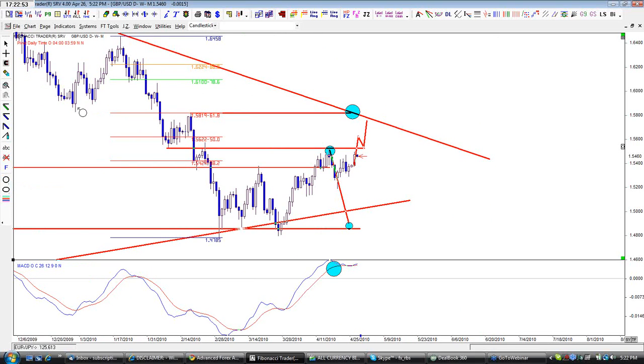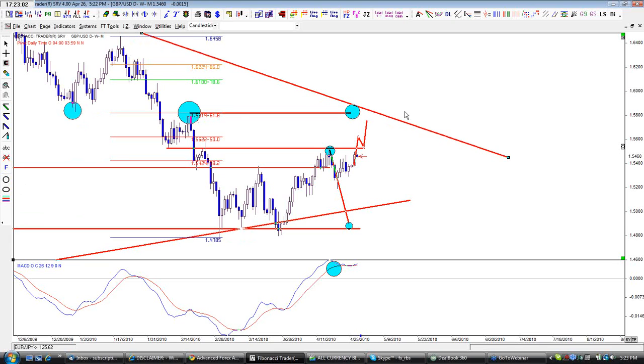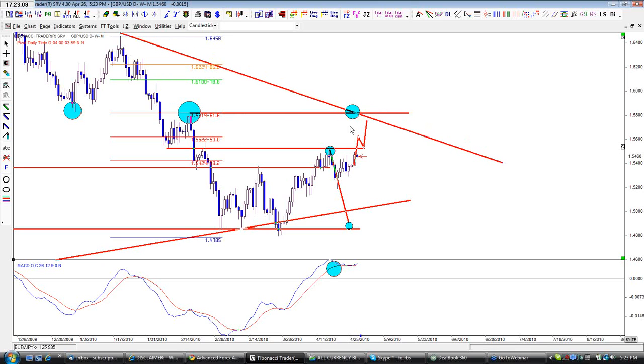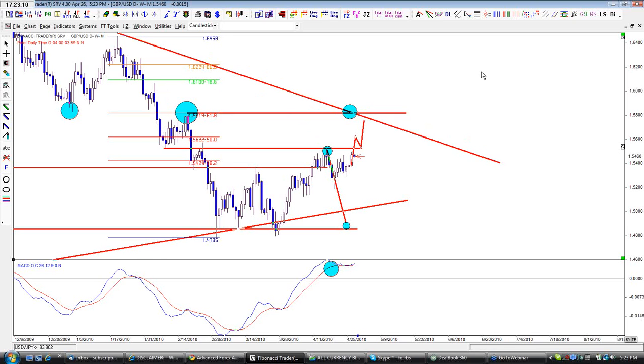This resistance is coming from this low, this high, and it's very close to the trend line as well. So if price breaks above this 155.30 level, probably we'll be heading towards the 158.